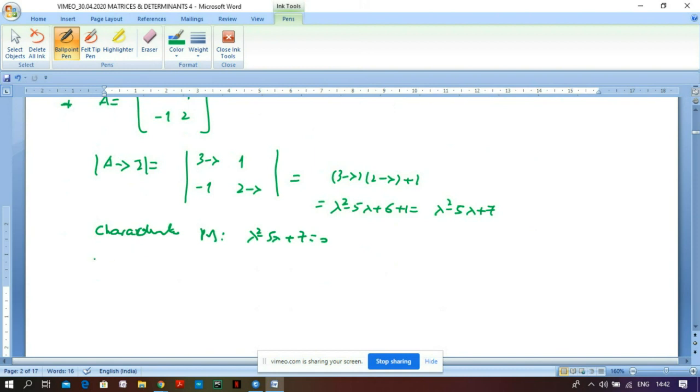Now every matrix A satisfies its characteristic equation, meaning that you can replace lambda with A and it still holds true. That means A squared minus 5 times A plus 7 times I, again write I, otherwise there is no meaning, equals 0. That's what we mean: we have an equation in polynomial form such that A is a root of it, or A satisfies it.